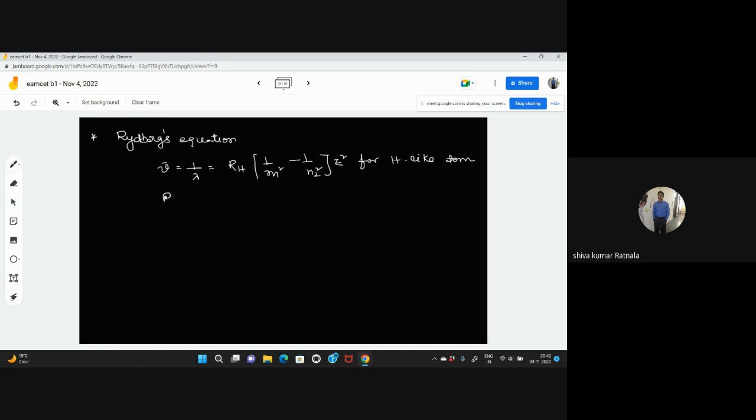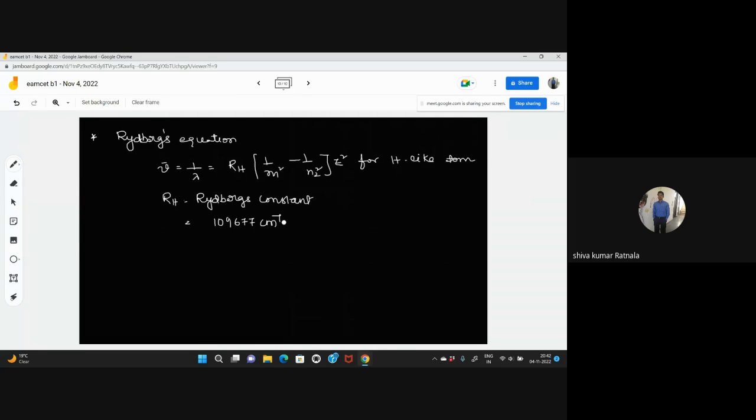And here RH is known as Rydberg's constant, and the value is 109,677 centimeter inverse. Okay, students, this is what we can say about Rydberg's equation.